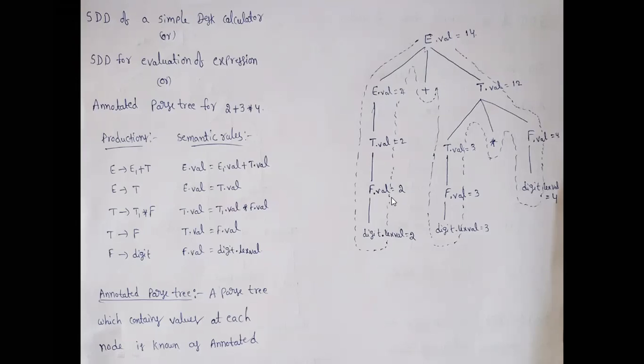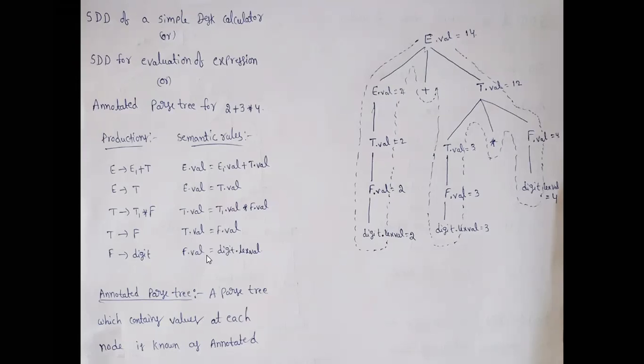So if there is any reduction, we are converting a parse tree to an annotated parse tree. If we are having any reduction, then we want to perform a semantic action. So here is the reduction. So we want to perform the semantic action. So this is F produces digit.